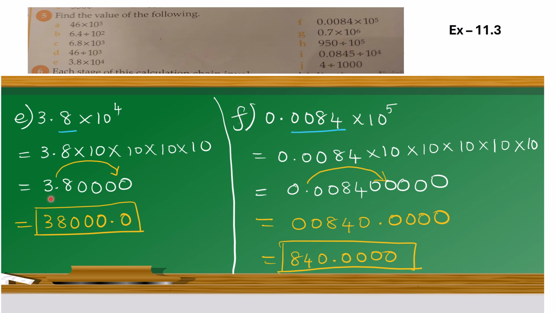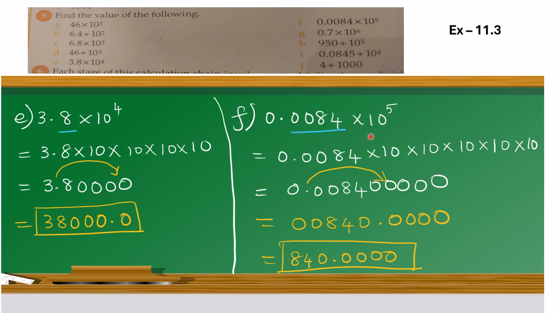Okay, so 3.80000. But after the decimal point, we have only one place, right? So we should move the decimal point. From the last, leave one place and keep the decimal point. So the answer is 38,000.0.